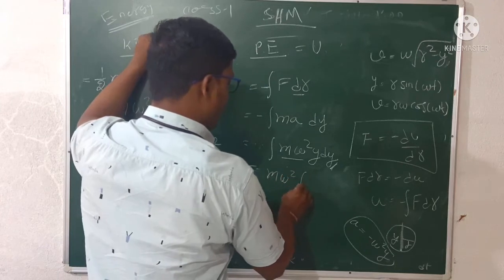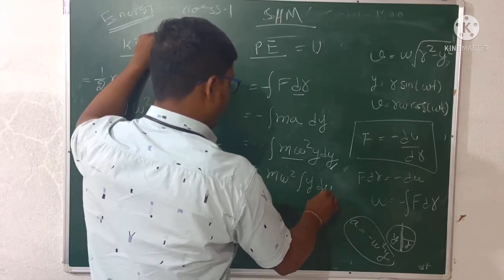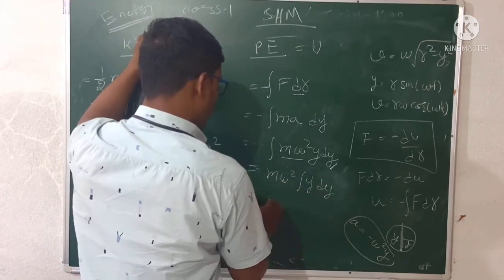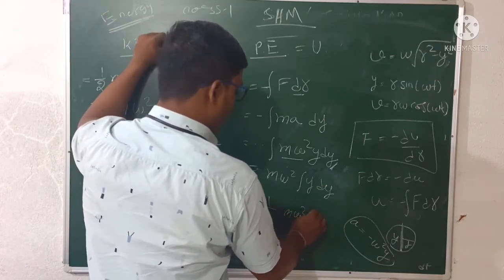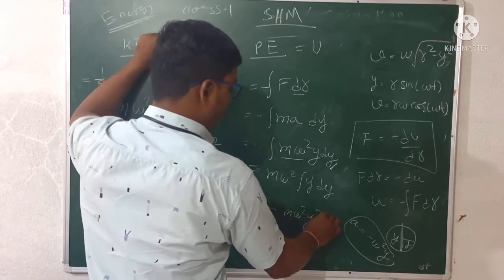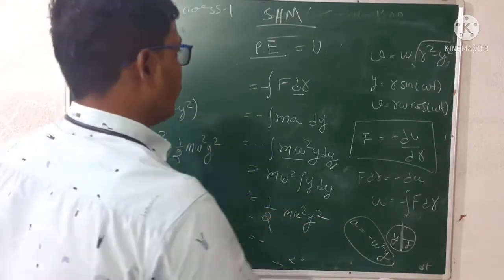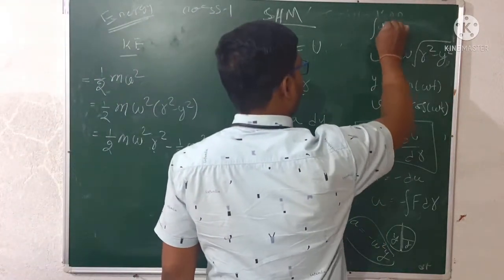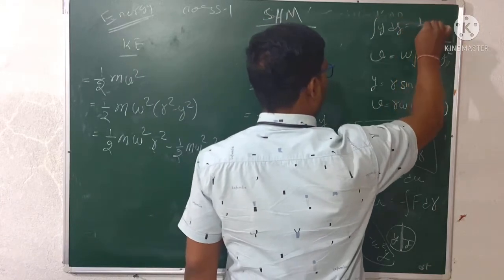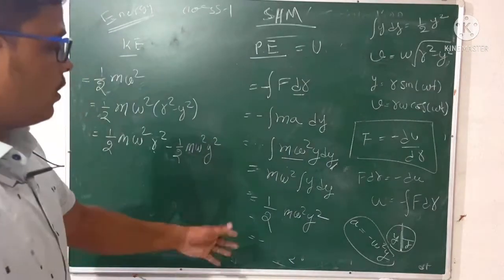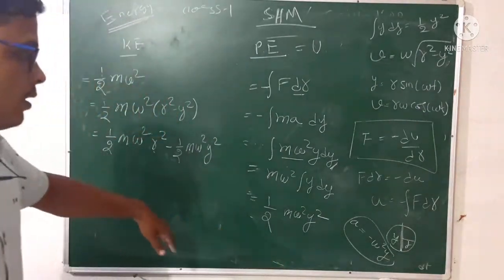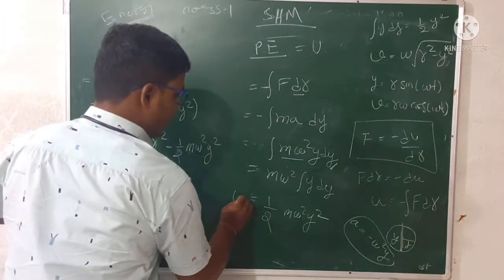So omega square, integration of y dy, which is half y square. What is the integration of y dy? It is nothing but half y square. So this is the expression of potential energy.